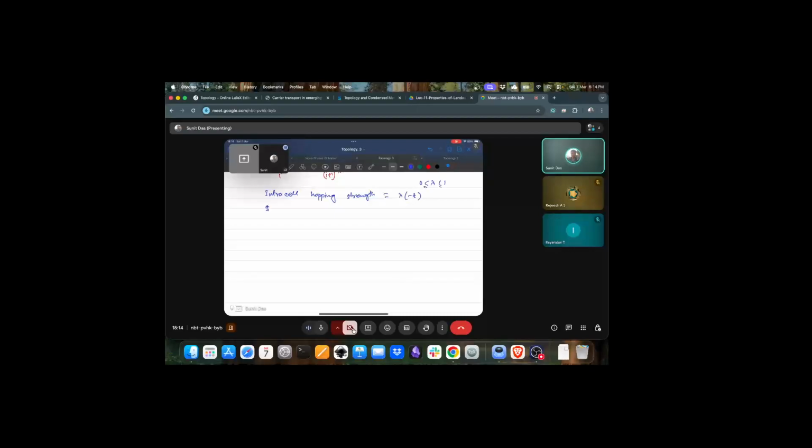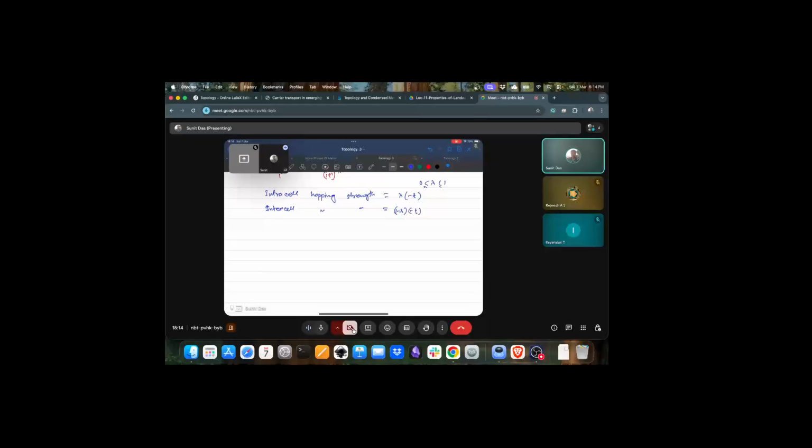And the intercell hopping is 1 minus lambda times minus t.